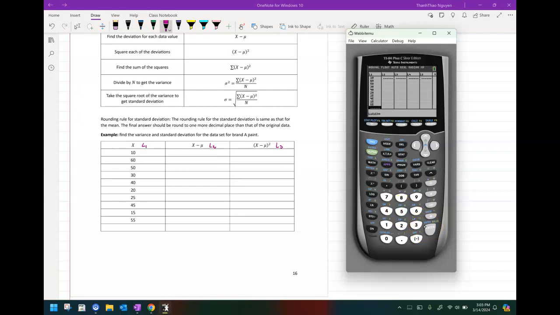Now I need to calculate the average, the mean. So stat and calculate. So the average here is 35.